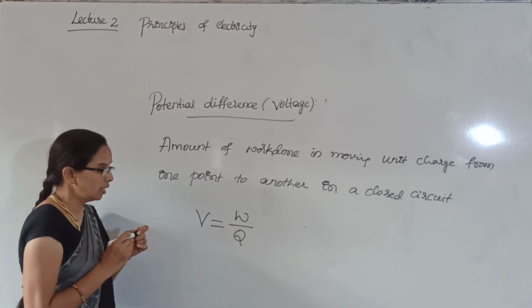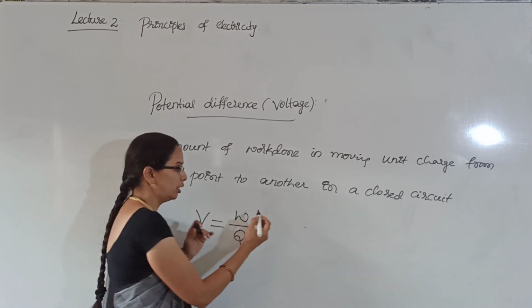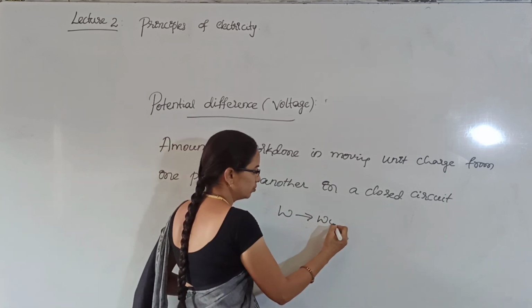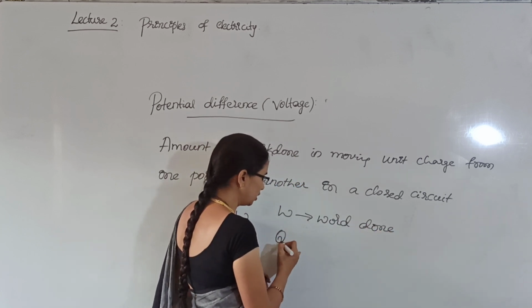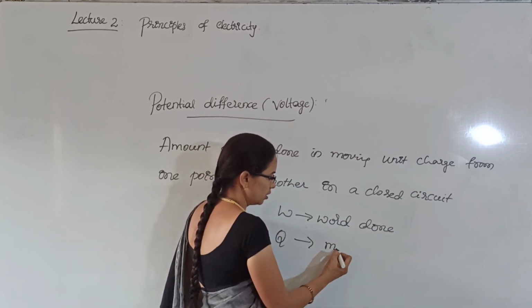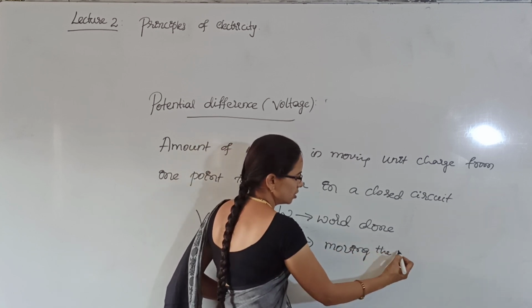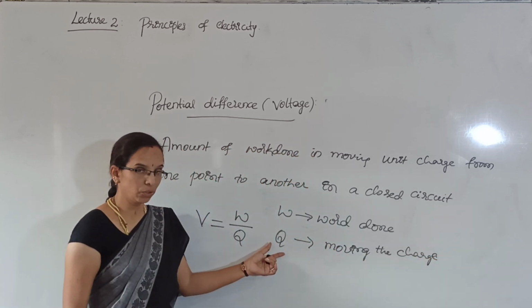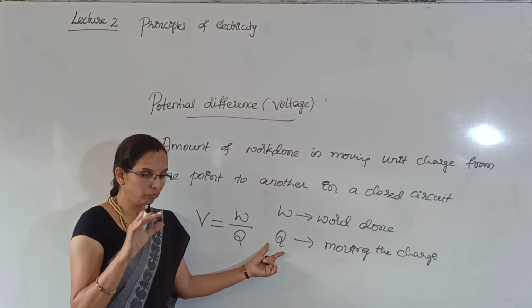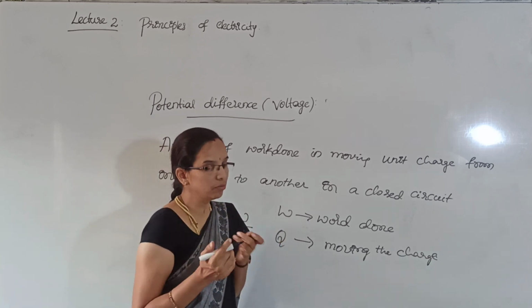That means if W is the work done in moving the charge Q, if Q charge should be moved in a conductor, then we should do some work.